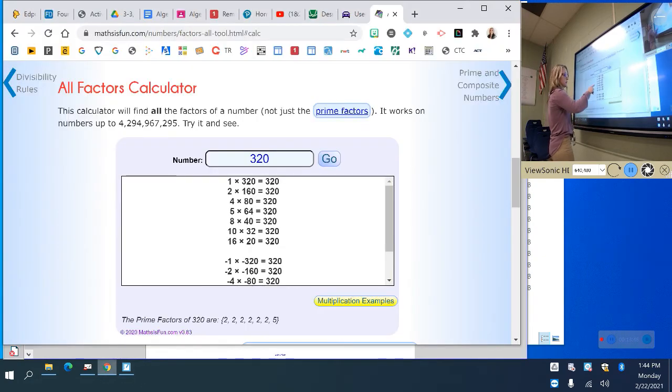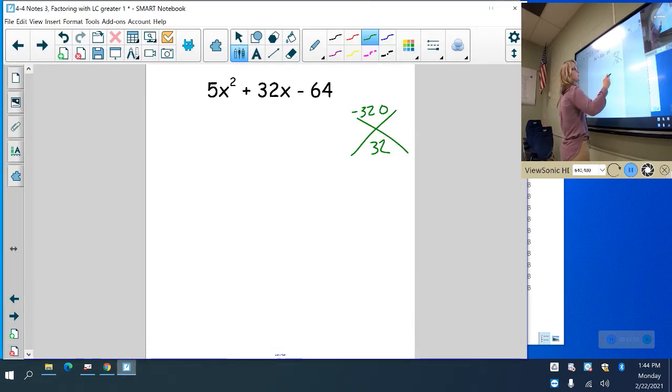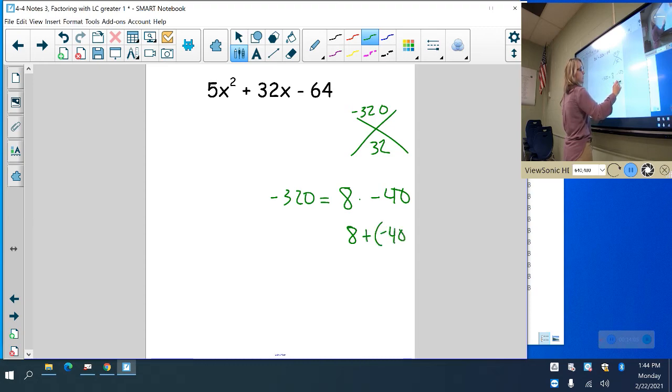Difference of 32. Right here, 8 and 40. If you take 8 times negative 40, you get negative 320. If you take 8 plus negative 40, or 8 minus 40, you get negative 32.